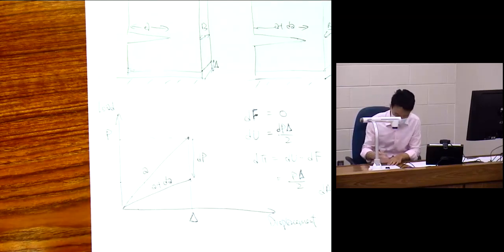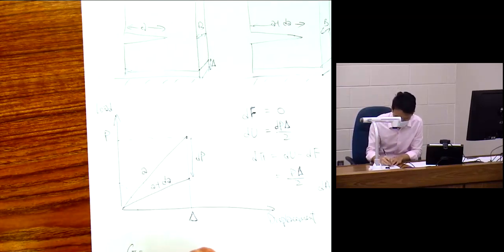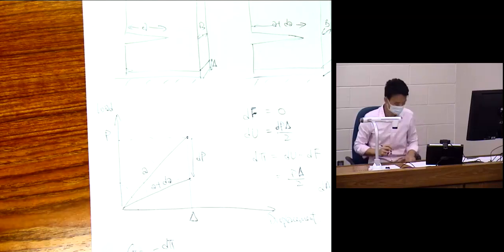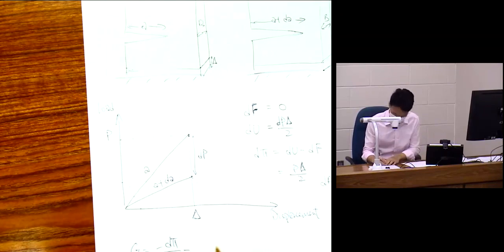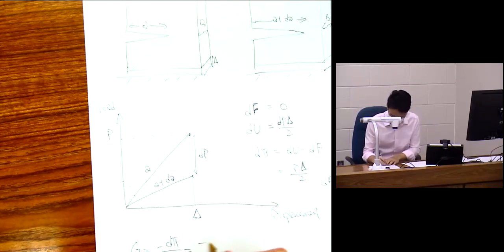So reassembling everything, G equals minus delta over 2b dP dA.